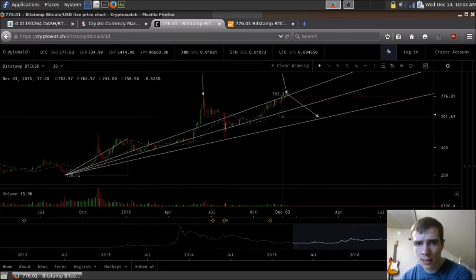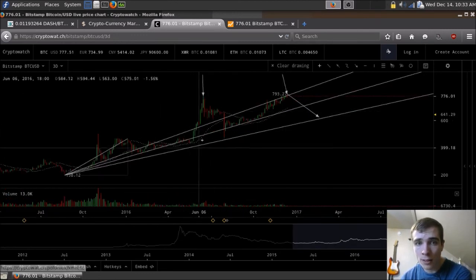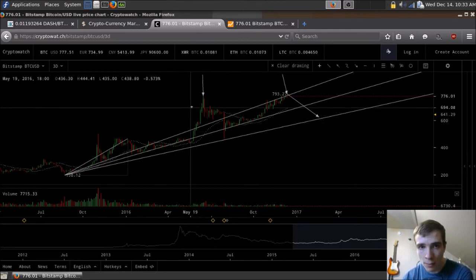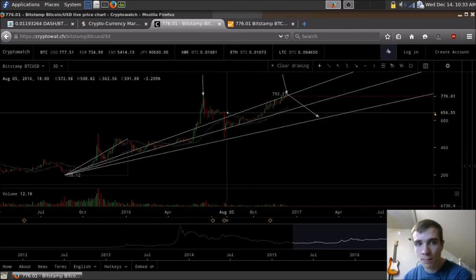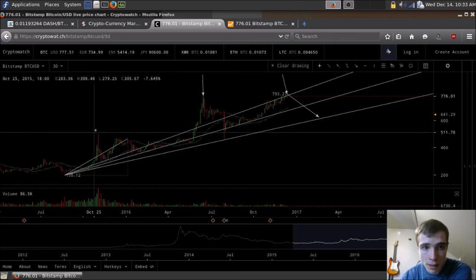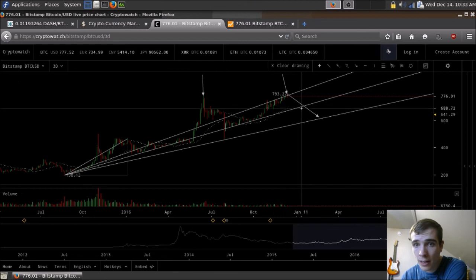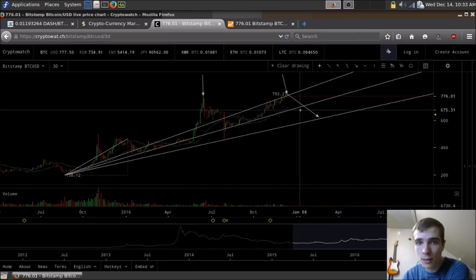We haven't seen significant bars pushing it up and overinflating the value, like right here where it came out and above, and over here where it came out and above. So I see a temporary downtrend in Bitcoin. I could be wrong, but that's what I foresee.